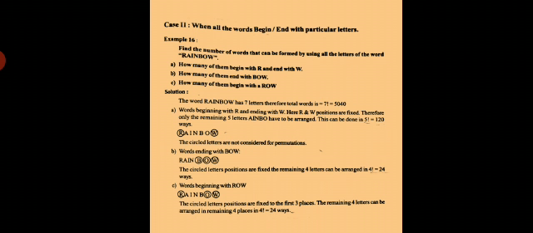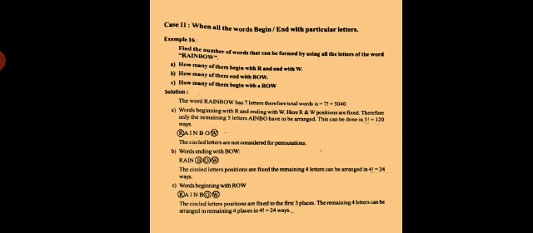Case 2, when all the words begin or end with particular letters. For example, find the number of words that can be formed by using all the letters of the word RAINBOW.